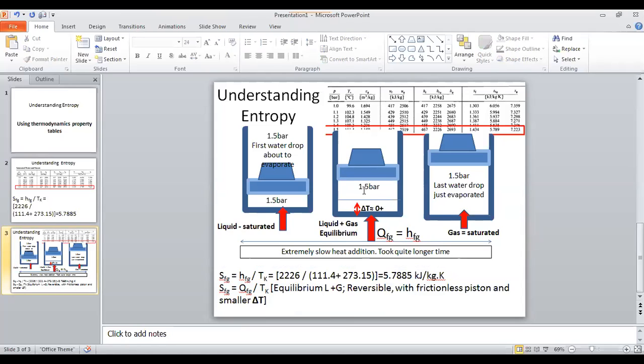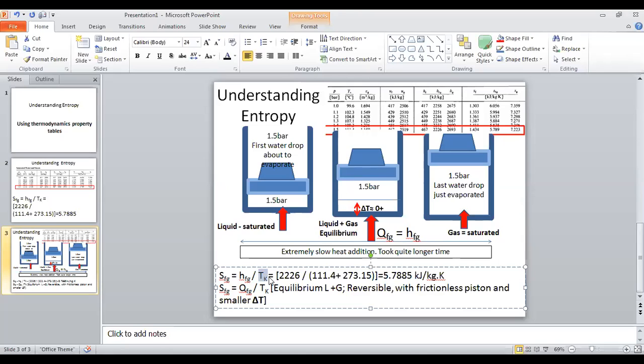The temperature is T in Kelvin. That is very important. So you have a certain temperature, Tk, and you divide this QFG by this Tk.